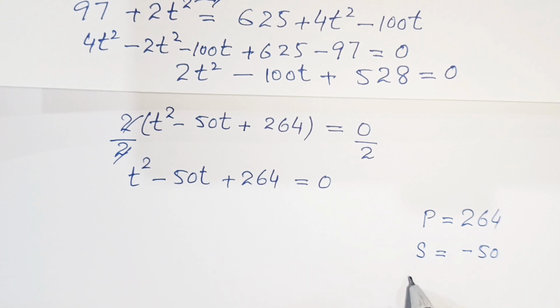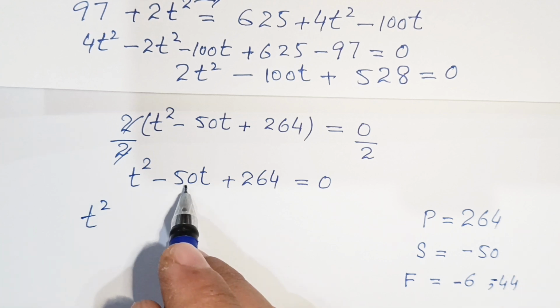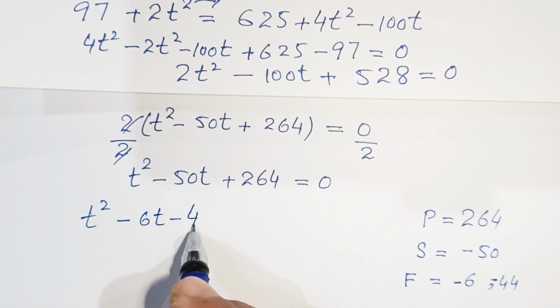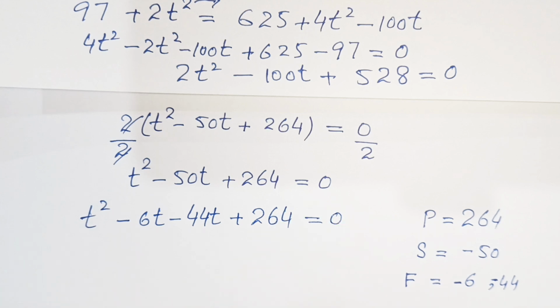So we have two factors here: 6 and 44, both with negative sign, 44 plus 6 is 50. So here t squared, this can be split like minus 6t and minus 44t plus 264 is equal to 0. So here we have the first pair and the second pair.